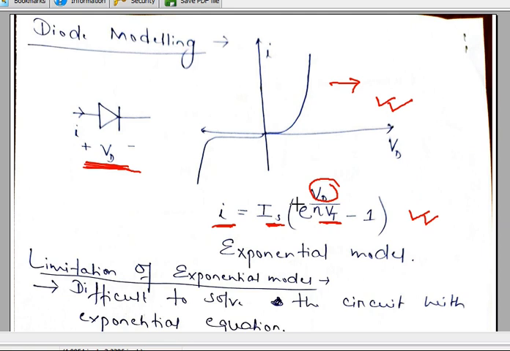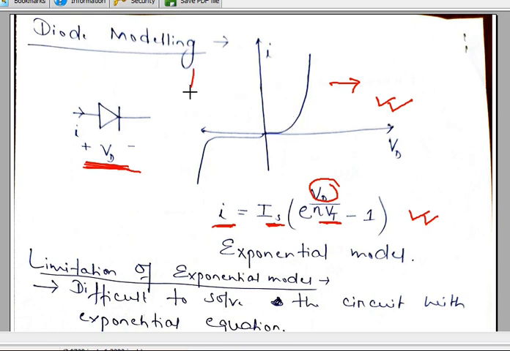But now the problem with this model is that suppose you want to solve a circuit in which one or two diodes are there and some DC inputs, then it is going to be difficult to solve, because we solve the circuit on DC using Ohm's law, KCL, KVL. Ohm's law is applicable when the element is linear.